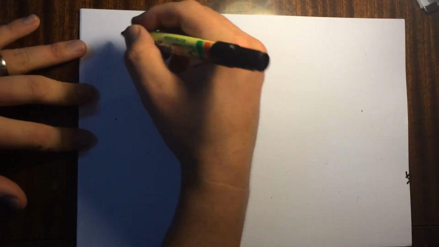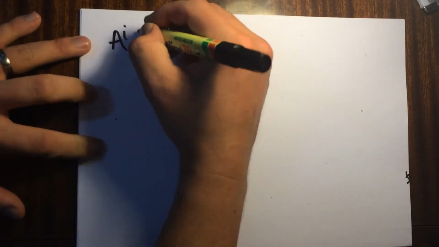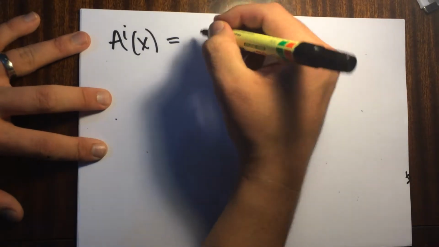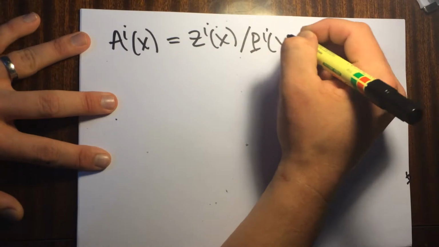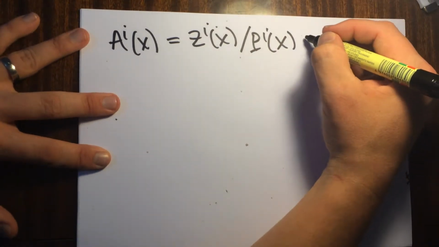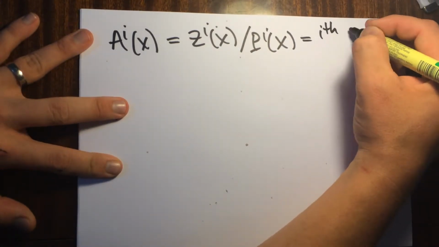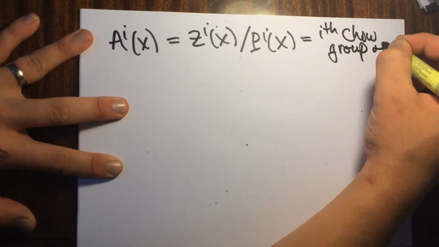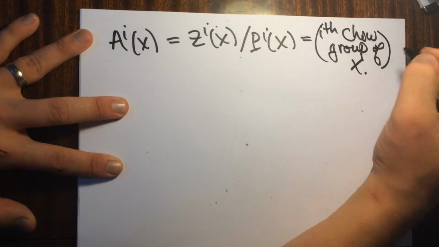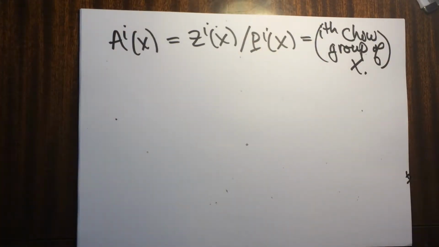That being said, we can now define A_i(X) to be equal to C_i(X) mod P_i(X), and this is equal to the ith Chow group of X. All right, so we have the definition of a Chow group.